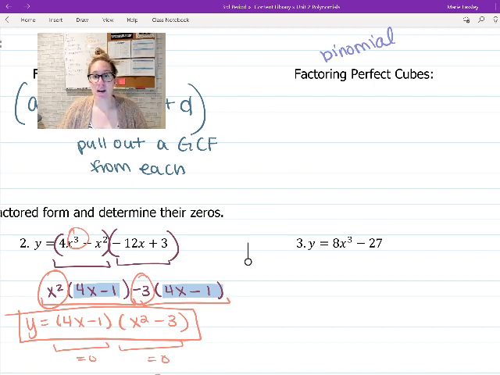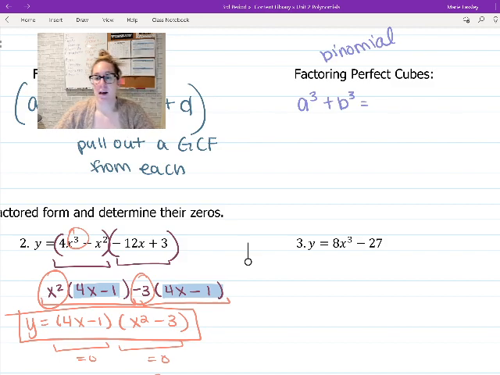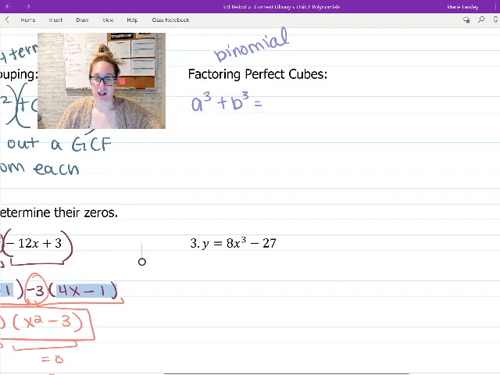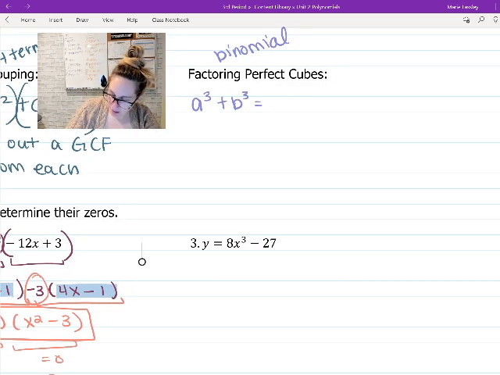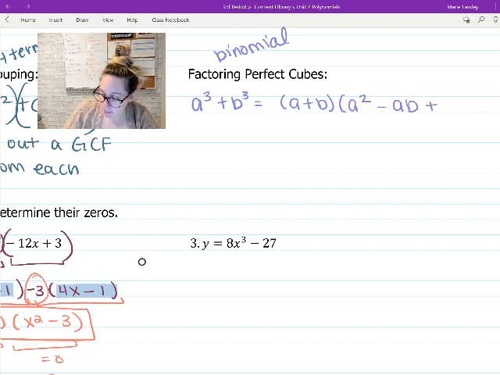Okay, so here is the formula for factoring perfect cubes. It looks like this. If you have a cubed plus b cubed, this is going to factor like so: a plus b in the first parentheses, and then in the second parentheses, it's going to be a squared minus a times b plus b squared.